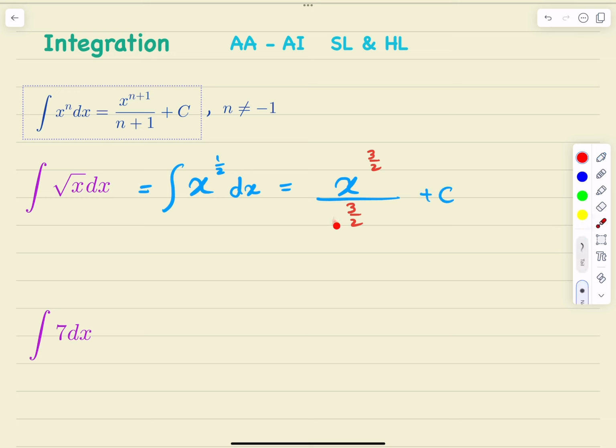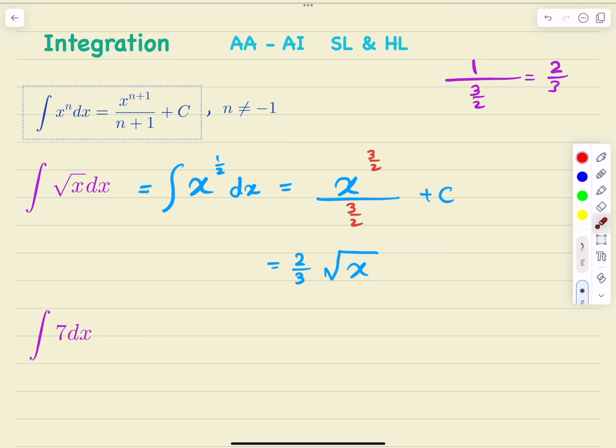Here, we can take this denominator up in the front, but we have to take the reciprocal of this because, as we know, for example, 1 over 3 over 2 can be written like this, 2 over 3. We can take the fraction up and take the reciprocal of it. So here, we will write 2 over 3 in the front, then the x can be written like this.